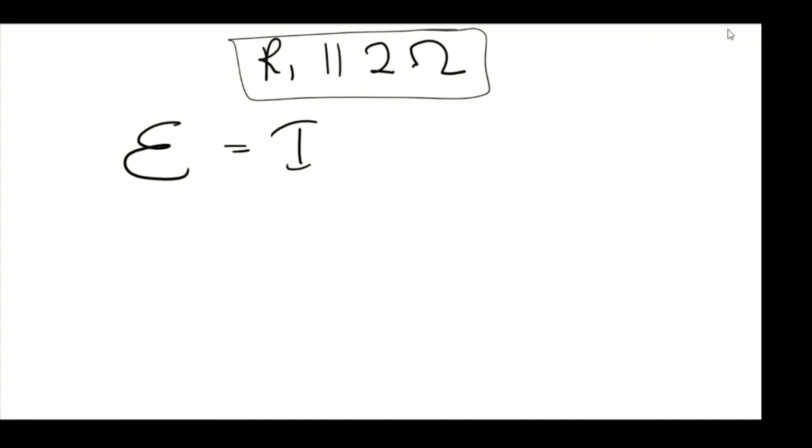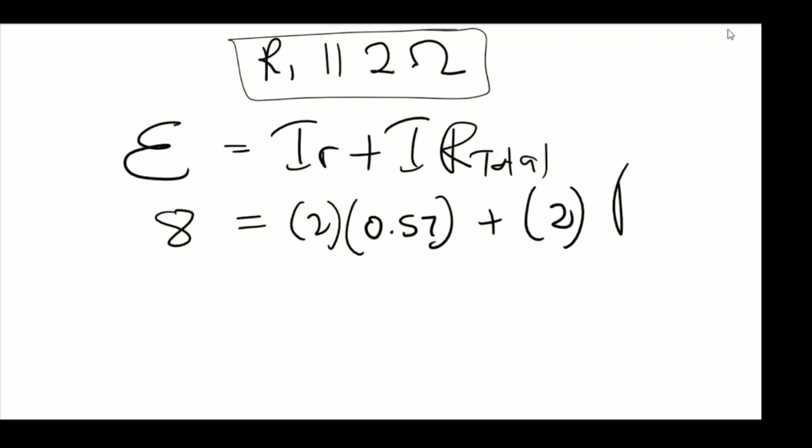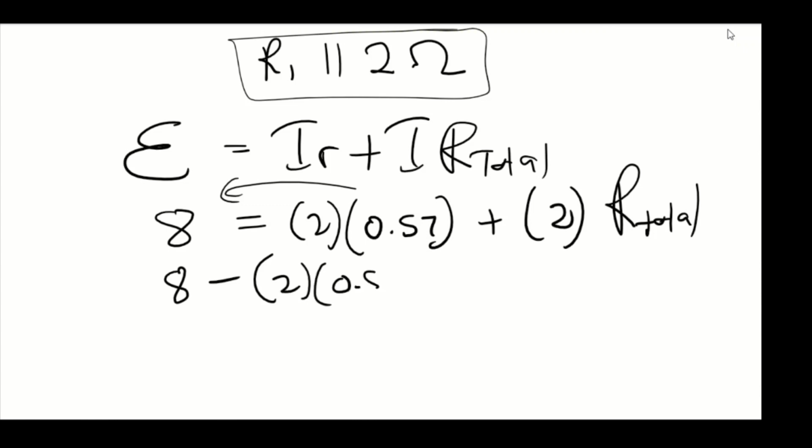EMF is equal to Ir plus I R total, right? And we know the EMF is 8, being equal to the current, which is 2, and the internal resistance we found to be 0.57 in the previous question, plus 2, which is the current, and then R total, right? And then we transpose this to the other side. We have 8 minus 2 times 0.57 is equal to 2 R total, right?